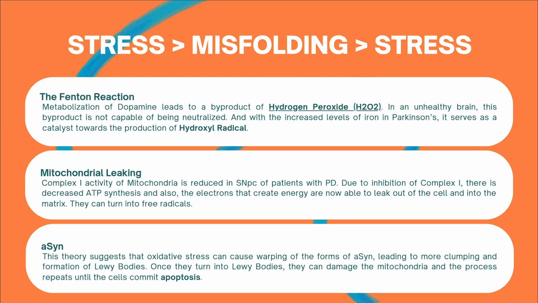It's so crazy, bro. So what happens once they turn into Lewy bodies? Since Lewy bodies are harmful to signal transmission and to the neurotransmitters, they could also damage the mitochondria, the powerhouse. It's being damaged again. And this process repeats. Because of the stress, there's misfolding. Because of the misfolding, there's stress, right?